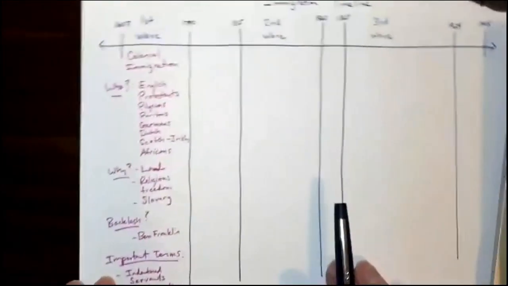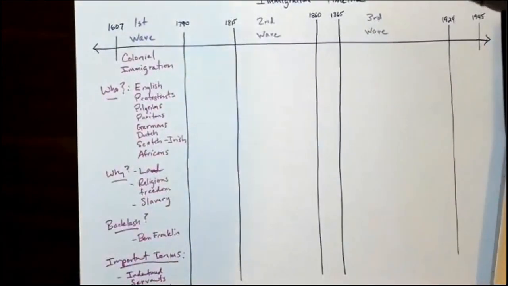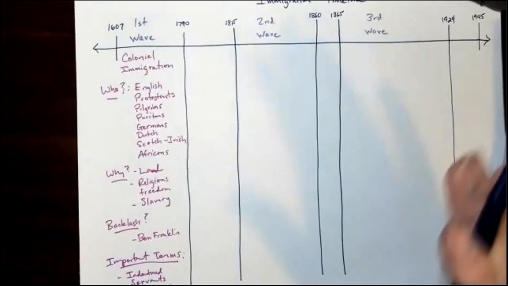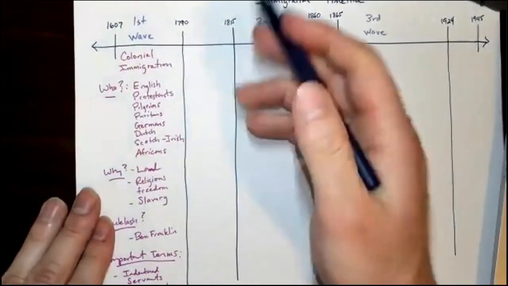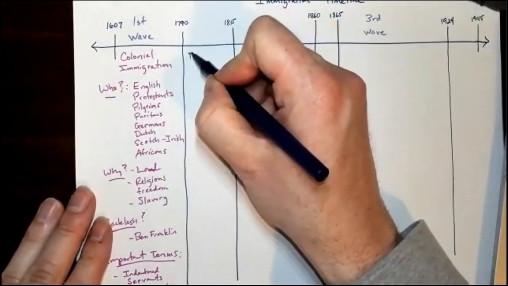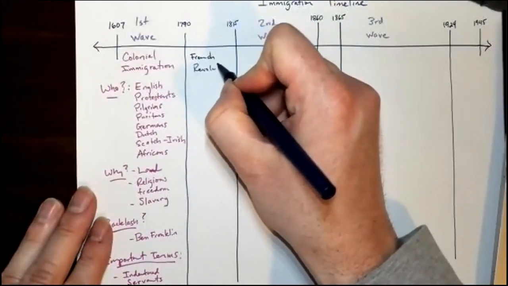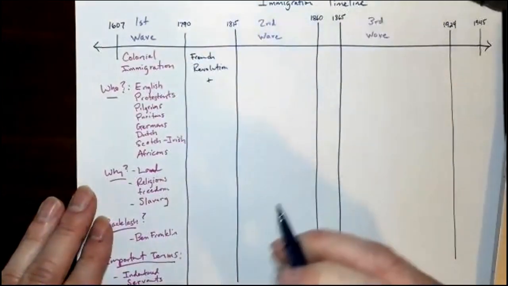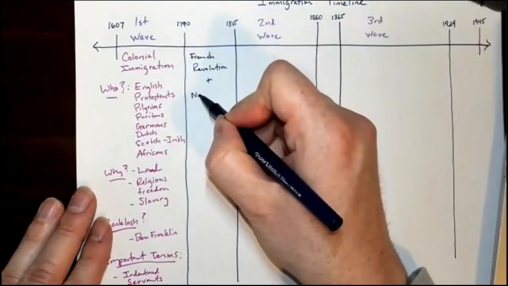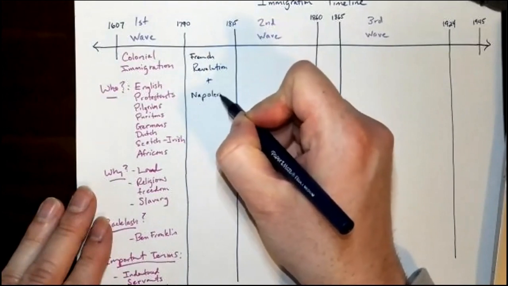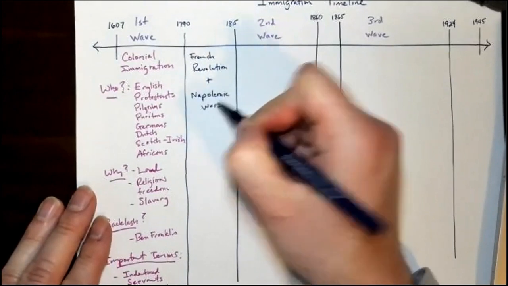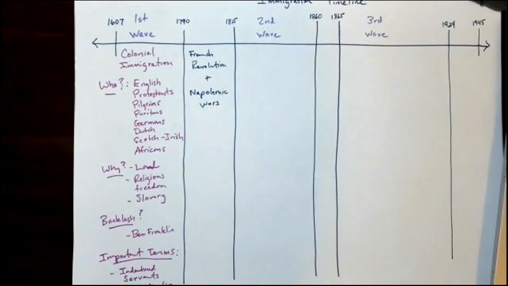Okay, so let's go into 1790. Why did immigration start to dry up after the American Revolution? Why do we see it kind of teetering off? Well, there's a real reason why this period ends. This period ends in 1790 because starting in 1790, the French Revolution and the Napoleonic Wars that followed it essentially made immigrants unable, in some cases, to come over to America.